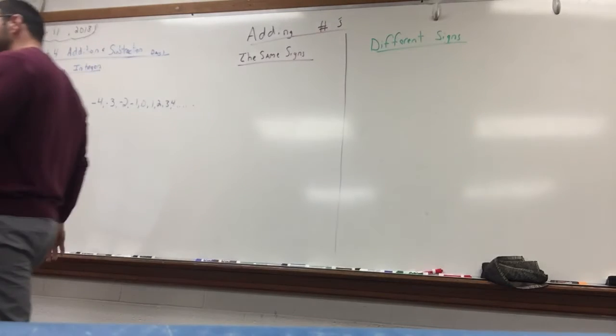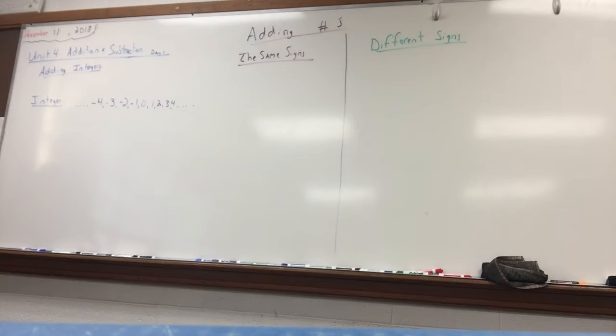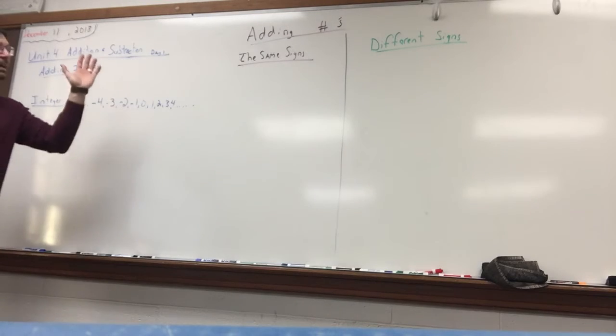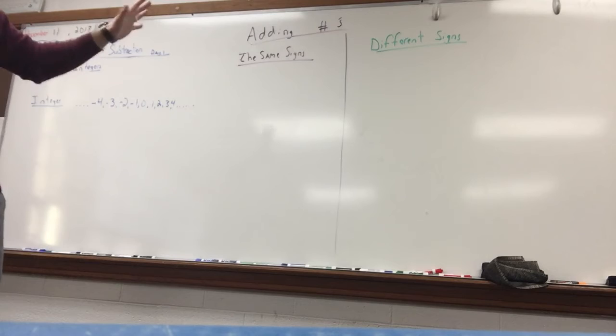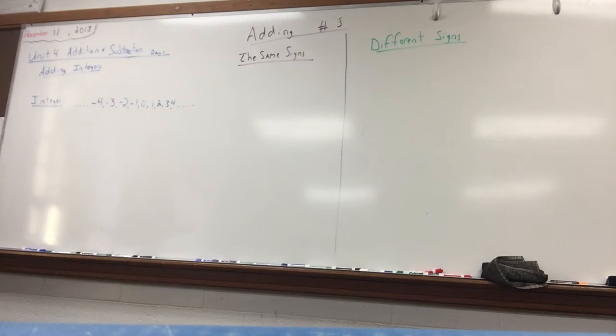And there will be rules to do both of these. If you take no other notes besides this, well, that's bad. I want you to take all the notes. But I want you to have this somewhere in your page. After you copy it down once, I would put it on another sheet of paper nice and big, so that any time that I'm adding or subtracting, I can pull these out.